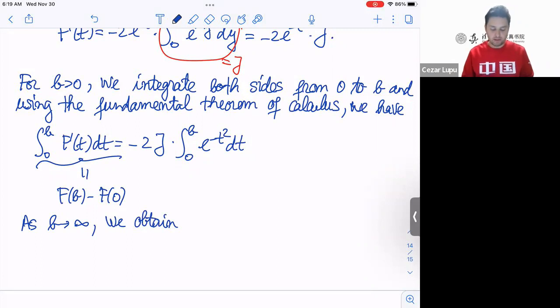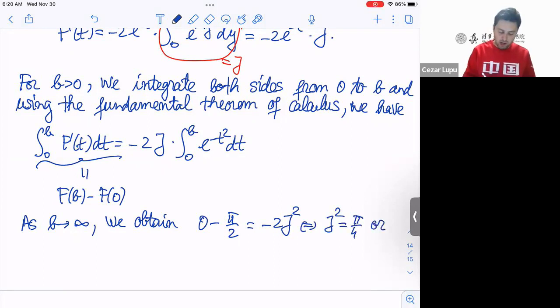We know what happens at infinity and at 0. So we have 0 minus pi over 2 is negative 2j squared. This is equivalent to j squared equals pi over 4, or j equals square root of pi over 2. That's exactly what we wanted.